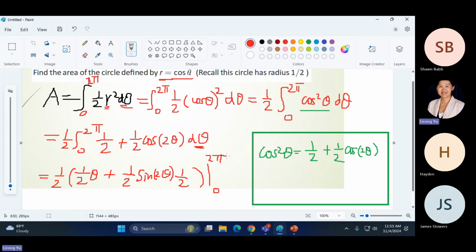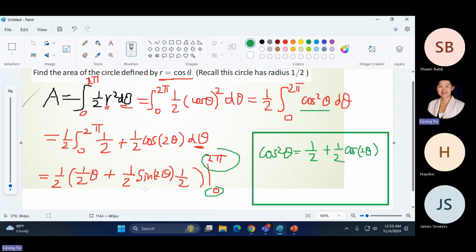So you plug in 0 and 2 pi. If you make theta equal to 2 pi, sine 2 theta would be sine 4 pi, and sine 4 pi equals 0. If you make theta equal to 0, sine 2 theta is sine 0, which also equals 0.